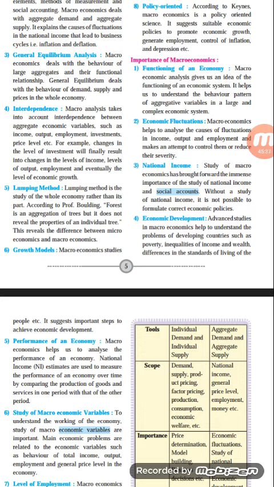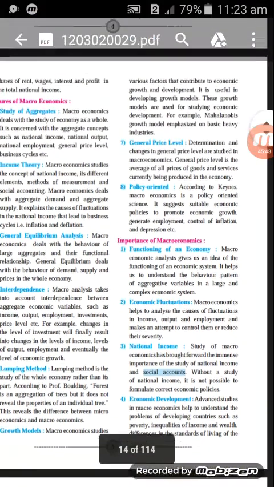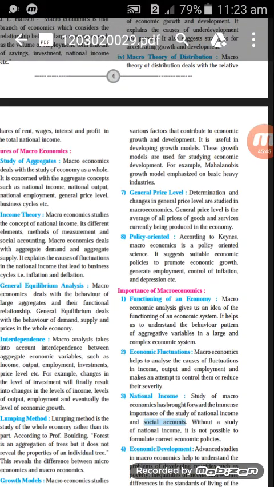The sixth point is the economic growth model. Macroeconomics studies various factors that contribute to economic growth and development. Growth models, we know very well, there are certain parameters and certain factors which affect the economic growth and which contribute to the economic growth and development.